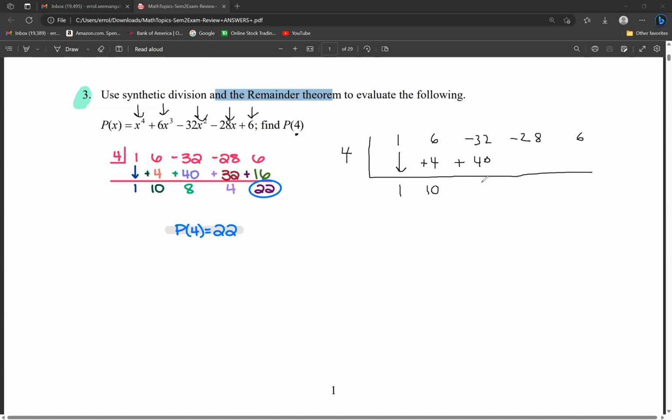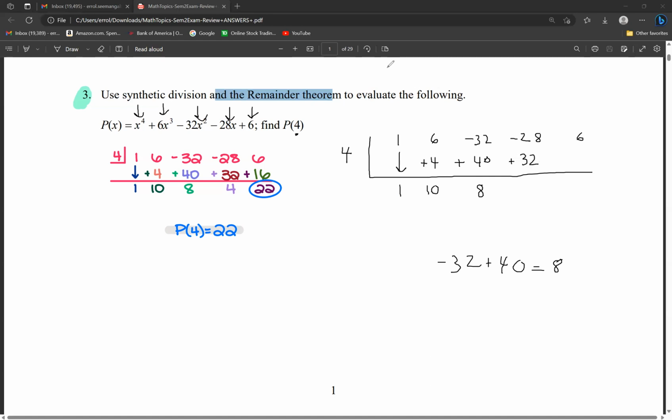Negative 32 plus 40 is 8. It's just like you lose $32, but then you gain $40. What's the net change? 8. You're up $8. Now 4 times 8 is 32.